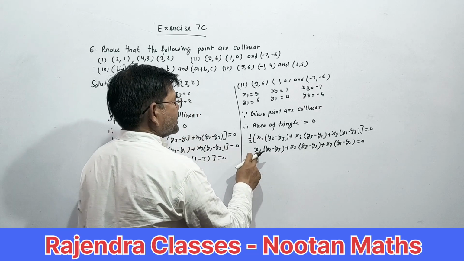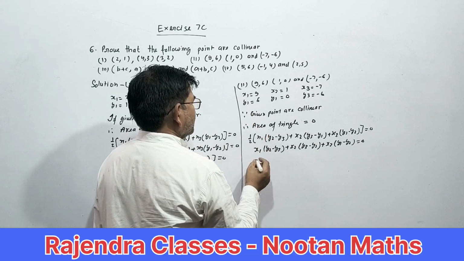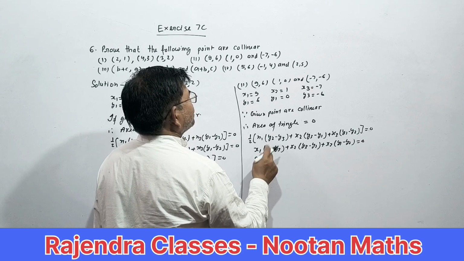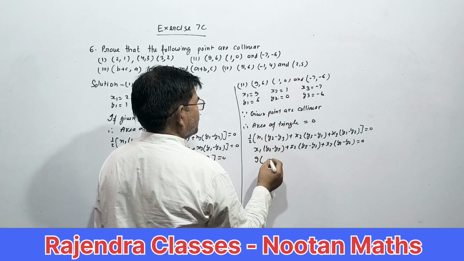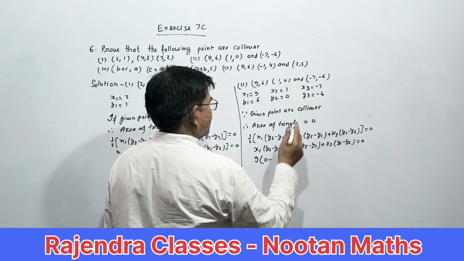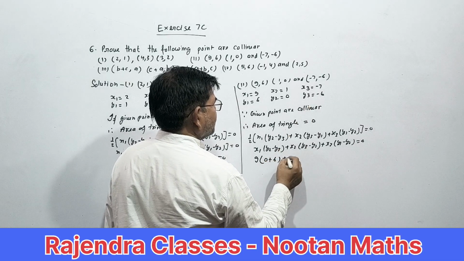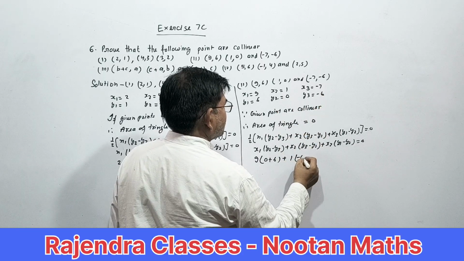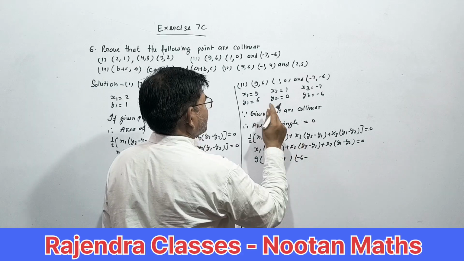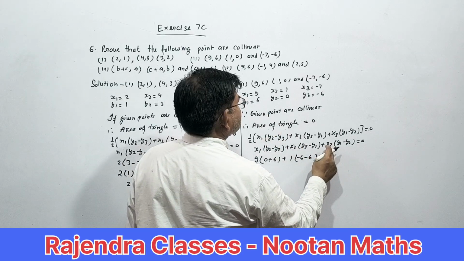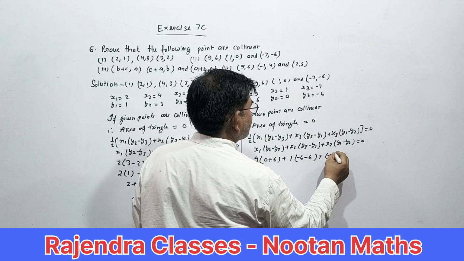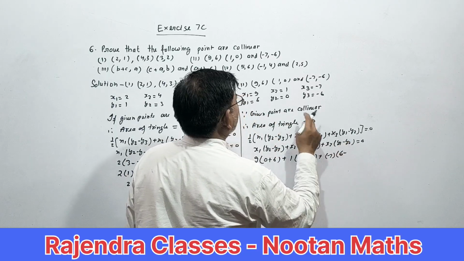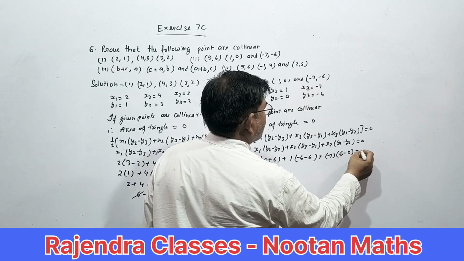Put the value of x1, y1, y3 from here. So x1 is 9, write 9, y2 is 0 minus y3 minus 6, plus x2 is 1, y3 is minus 6 minus y1 is 6, plus x3 is minus 7, y1 is 6 minus y2 is 0.